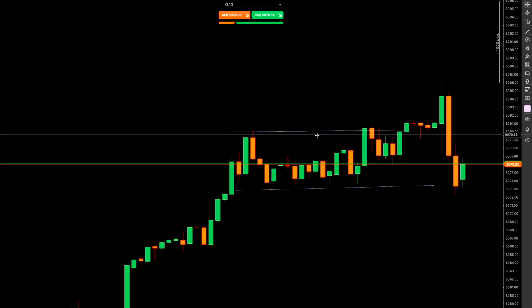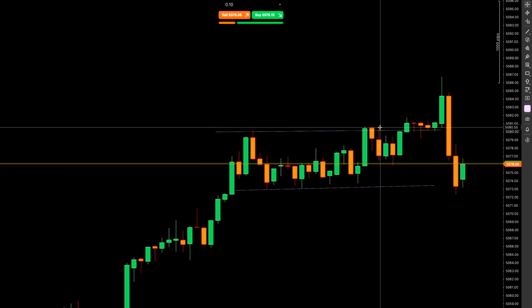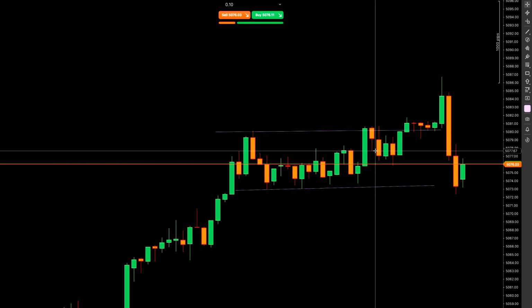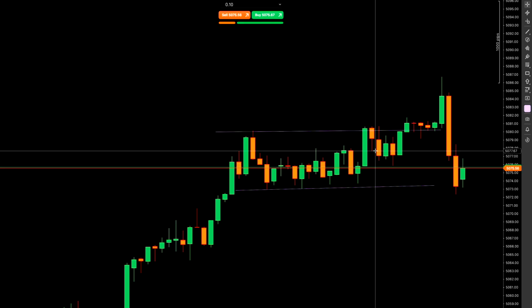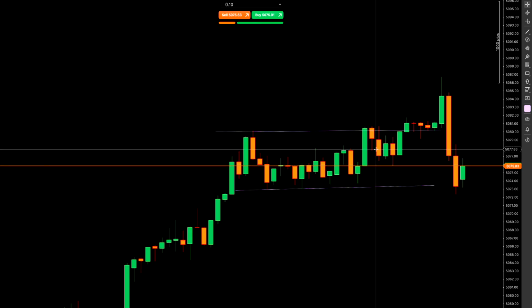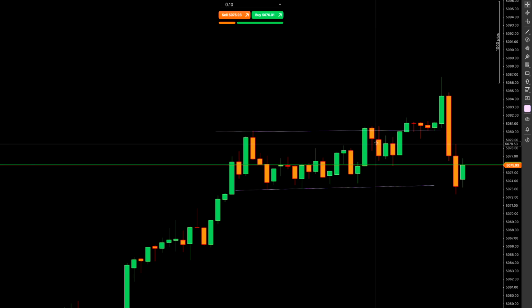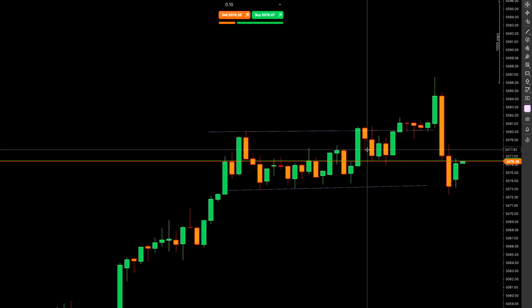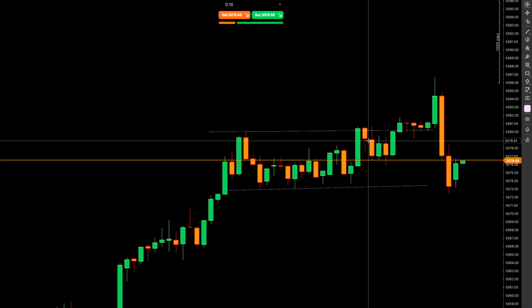Remember, this is a respected area, and then the market comes down and covers, let's say, probably 75 to 80% of this green candle. So it tested it out with a wick, meaning bullish. They had some strength, they tried to push it up, but were unsuccessful. Therefore the candle closes bearish.